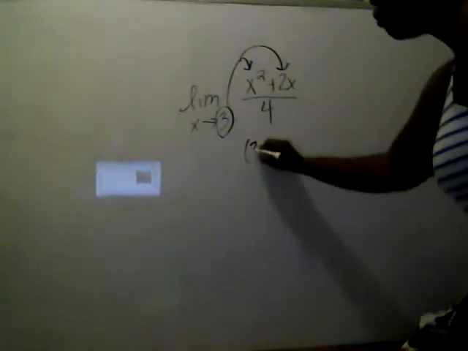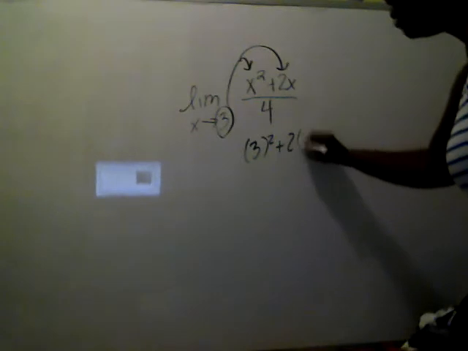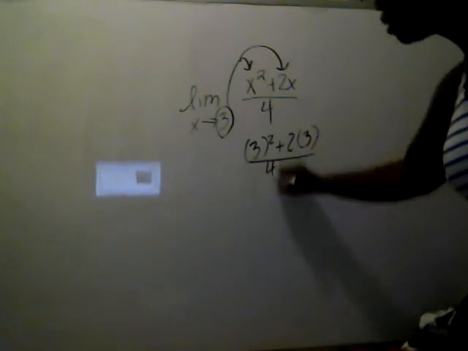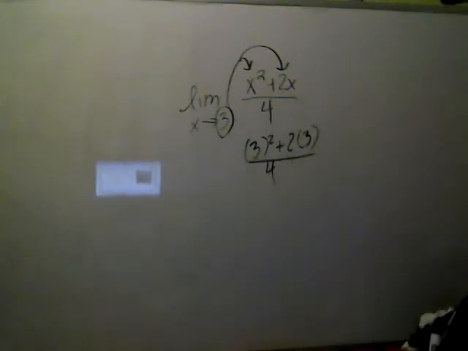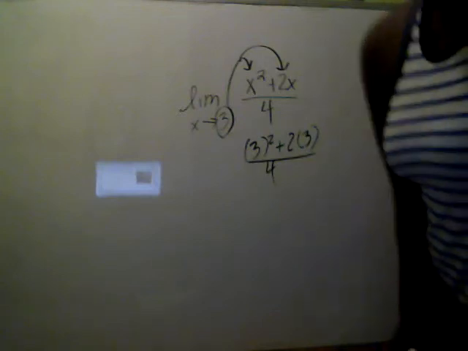So you would do 3 squared plus 2 times 3 over 4, and then you would solve and get your number.